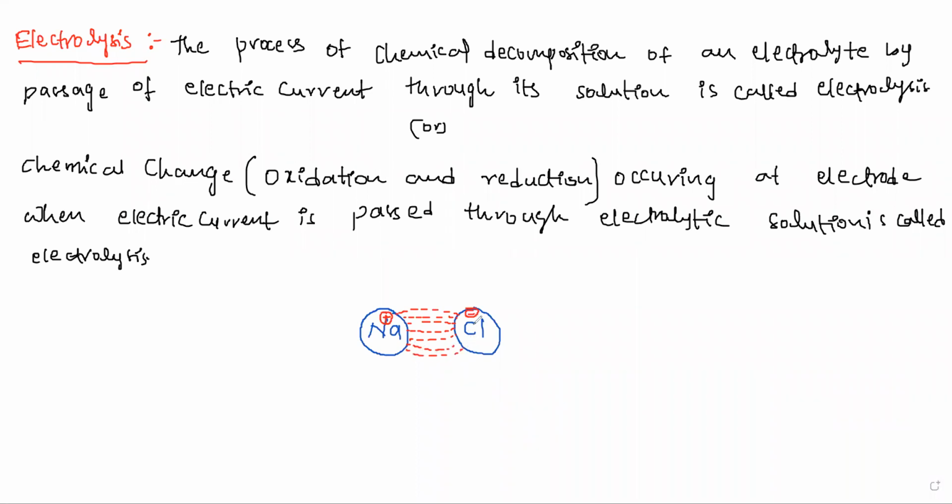So this is an electrolyte. So obviously it can produce Cl minus, and here it produces Na plus, sodium cation.